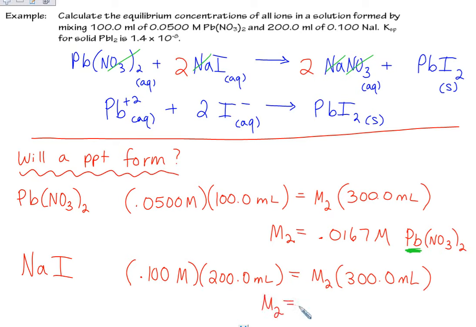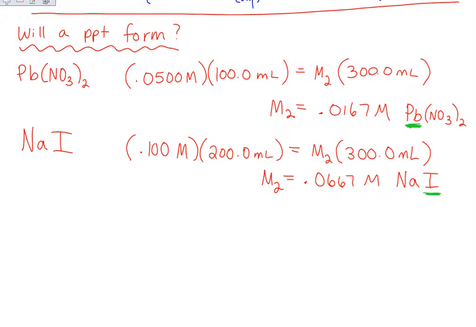Plug that in. 0.0667. And so again, technically that's the sodium iodide molarity. But of the two ions, the only one I really care about is the iodide. Okay, so we're going to do this like we did in the last problem.